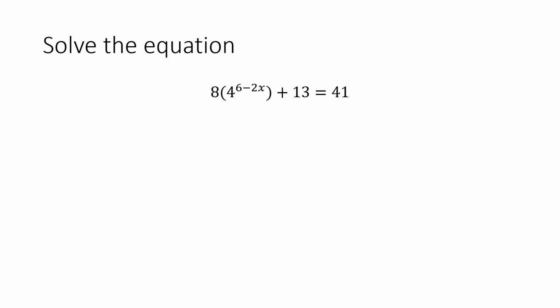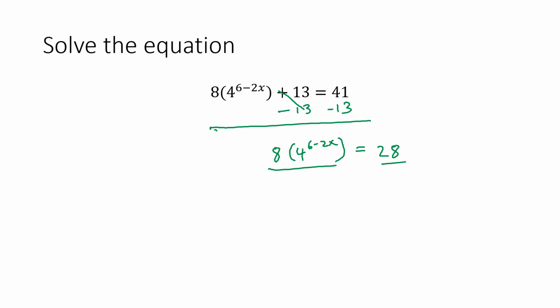Pause it and try and see if you can come up with the answer to this one yourself. Keep in mind that we're going to apply the same process we did. We're going to need to get the exponential by itself. So that 13 has to go first. So it's going to be 8 times 4 to the 6 minus 2x, and that's equal to 28.